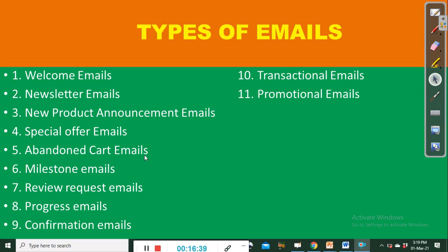All right. So now the next one is the special offer email. Now, as the name implies, the special offer email is a kind of email that is giving some offer to your customers.